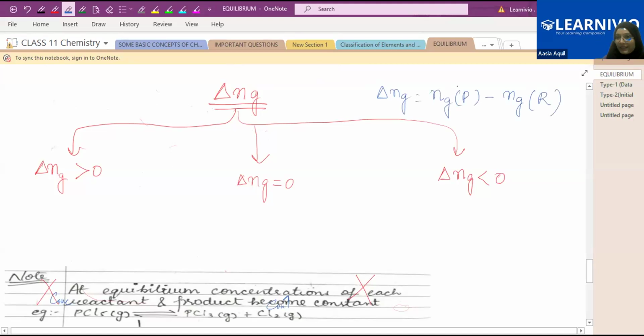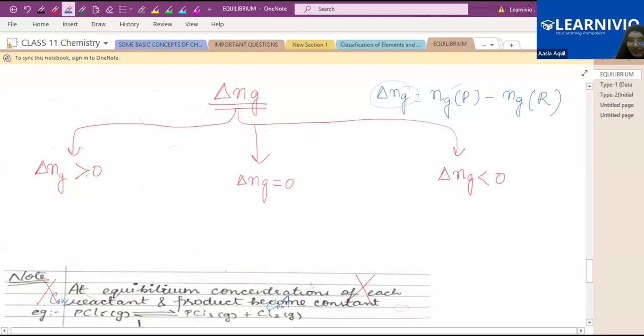So if the number of moles of product is greater than the reactant, then only the delta Ng value is positive. If delta Ng is less than 0, what does this mean? That the number of moles of gases of reactant is more than that of product. That's why you are getting the delta Ng value as negative, which is less than 0.